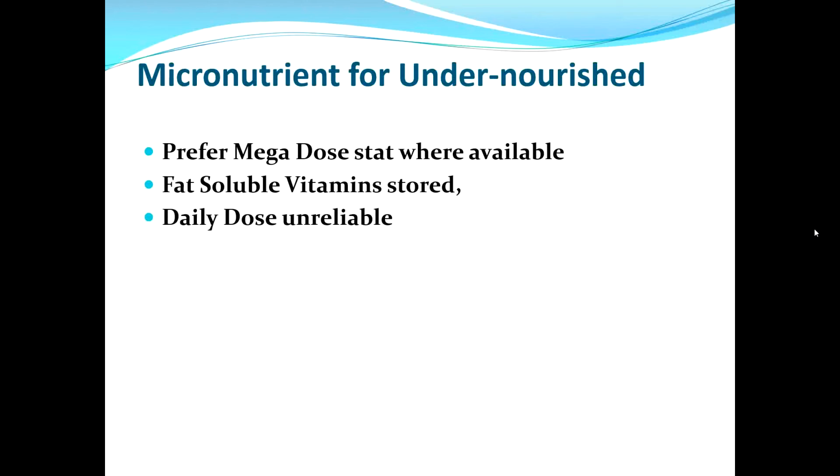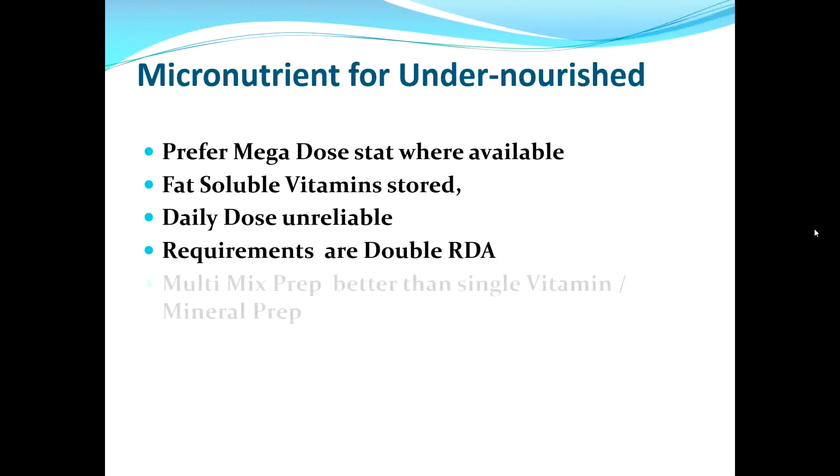Giving them a daily dose frequently leads to poor compliance and unsatisfactory outcome. The requirements in these undernourished children are not equal to a well-nourished child but almost double the RDA.